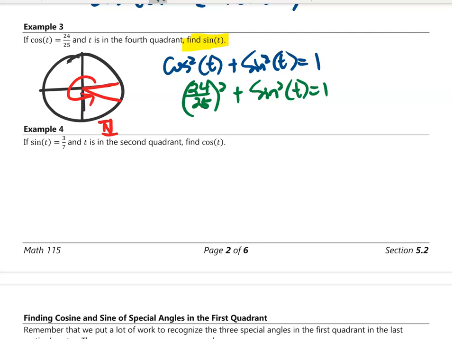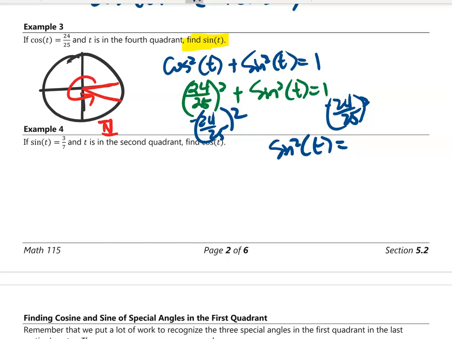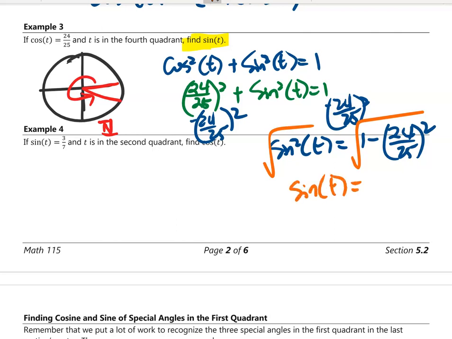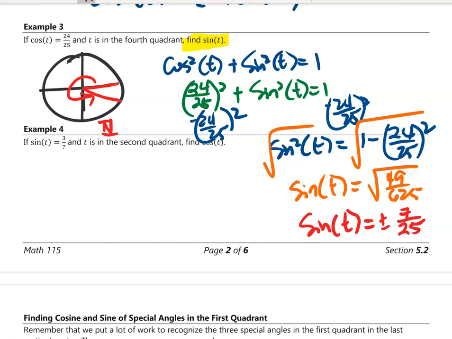And if we subtract 24 over 25 squared, we will have sine squared of t is equal to 1 minus 24 over 25 squared, and if you take the square root of both sides, you will have sine of t is equal to the square root of 49 over 625, and sine of t is plus or minus 7 over the square root of 625, which is 25.